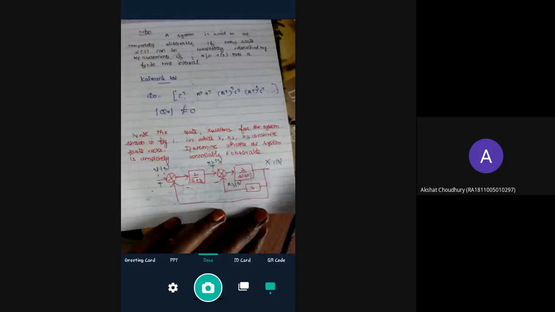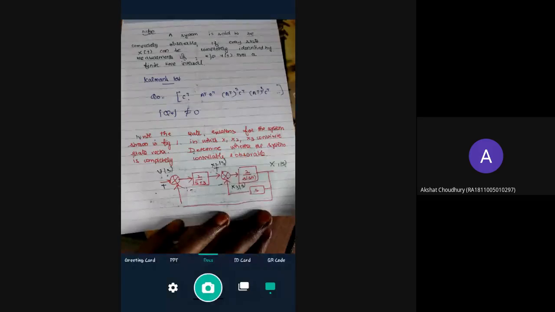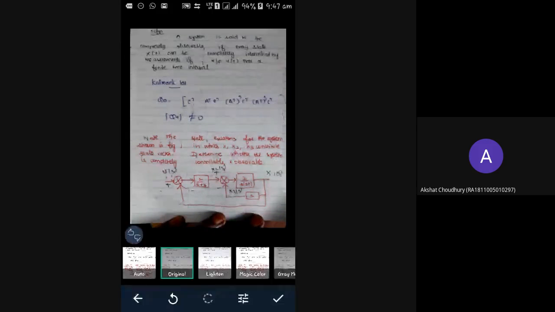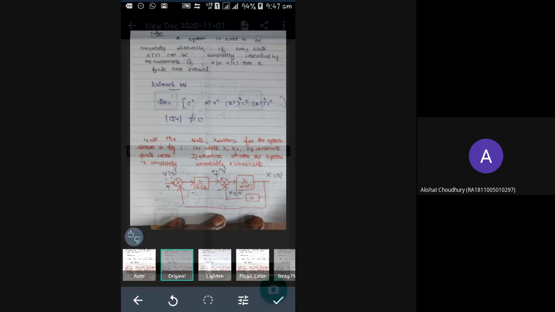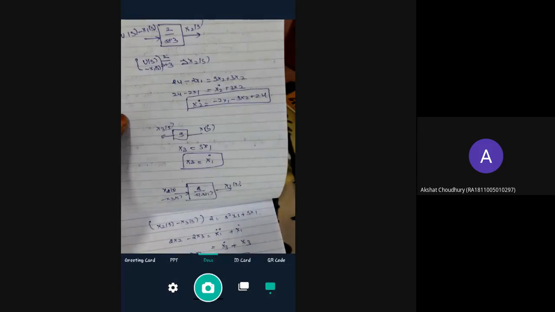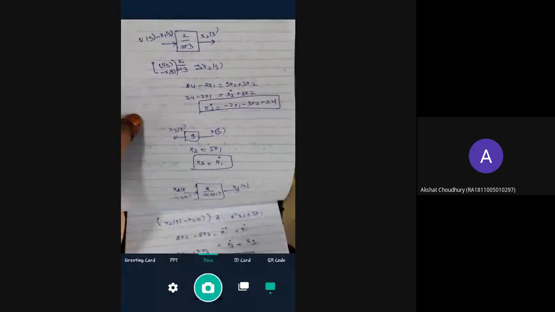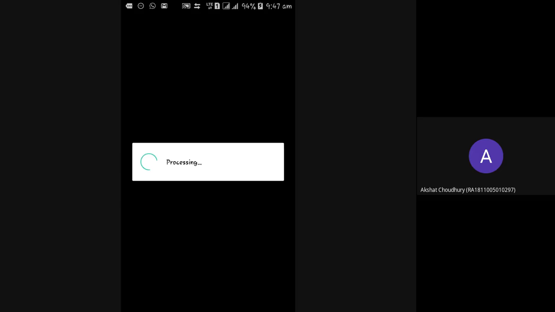Don't write extra matter. First, you have to write everything, get your aim identified, and get it corrected from me. Then you proceed to write the code. Only then can you do programming in MATLAB, after getting approved from my side.